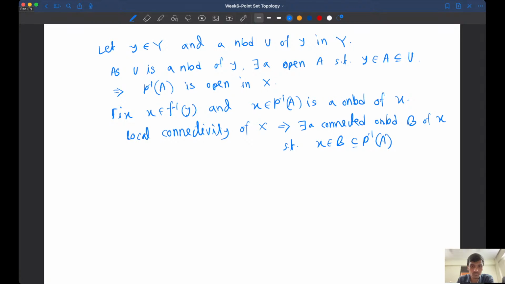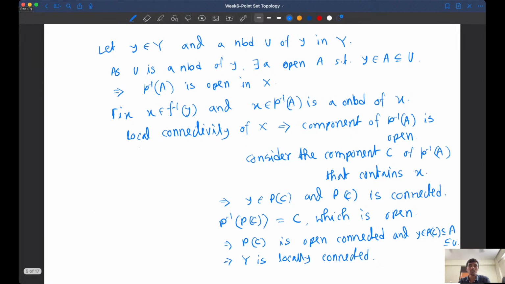So now my claim is that, but the same issue is here also, right? I know that P of B is connected, but I don't know whether that is open.